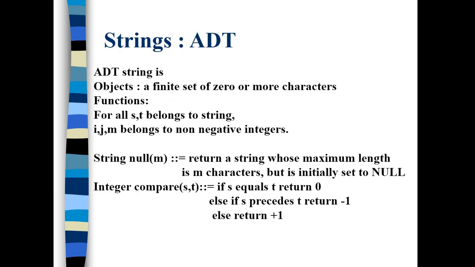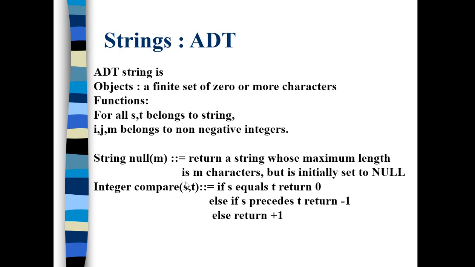Now let's discuss the abstract data type for string. It is a group of characters. Let's see what are the different operations we can perform over this object string. Over the group of characters, you can check whether the string is null or not.